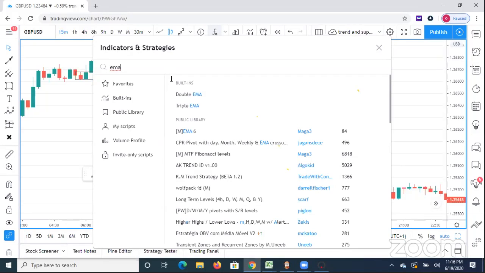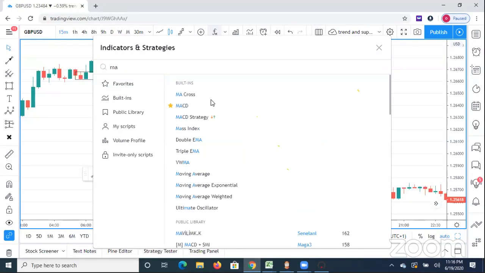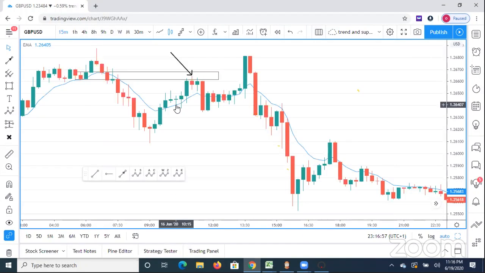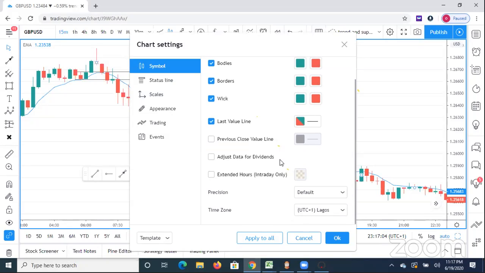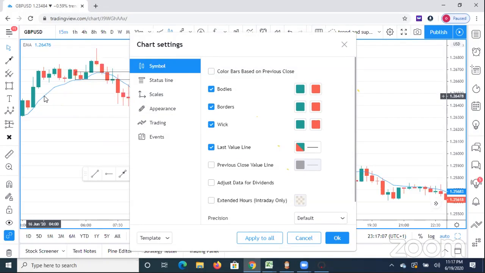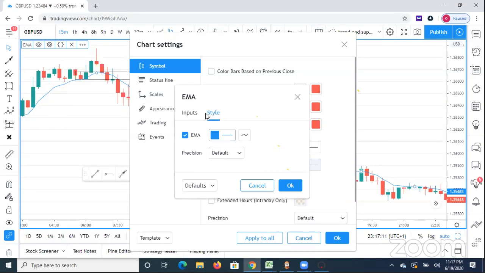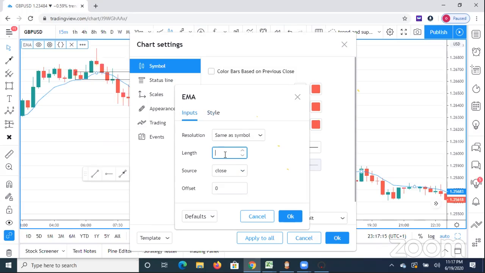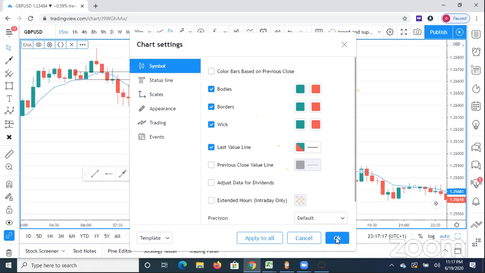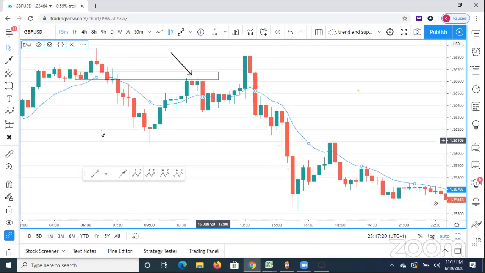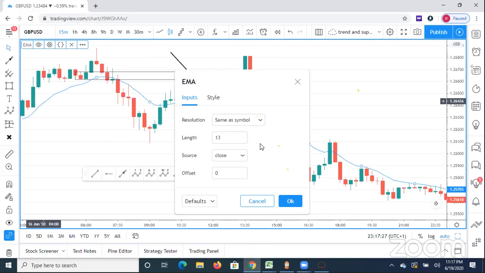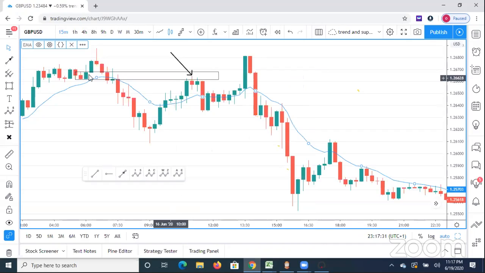And you'll be looking for your 13 moving average. Remember, you have identified from the higher time frame that your order flow is bearish. So you're looking for your 13 moving average.